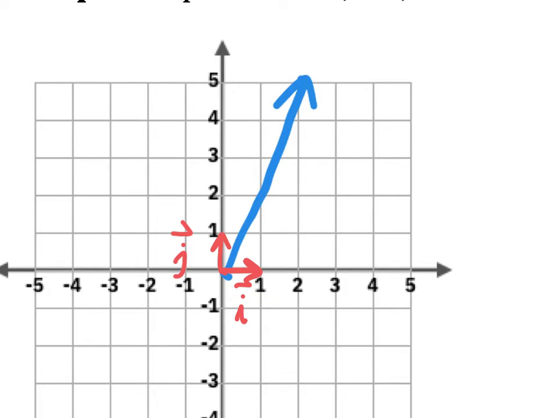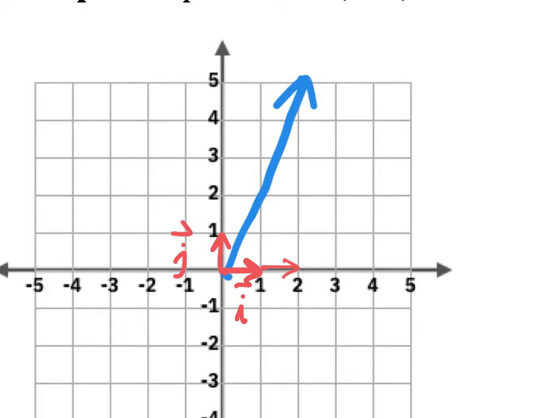So if you ask yourself, how many I vectors do I need to go to where this vector is? Well, if this vector only moves in the x direction, then I need to move it 2 vectors long, like so.